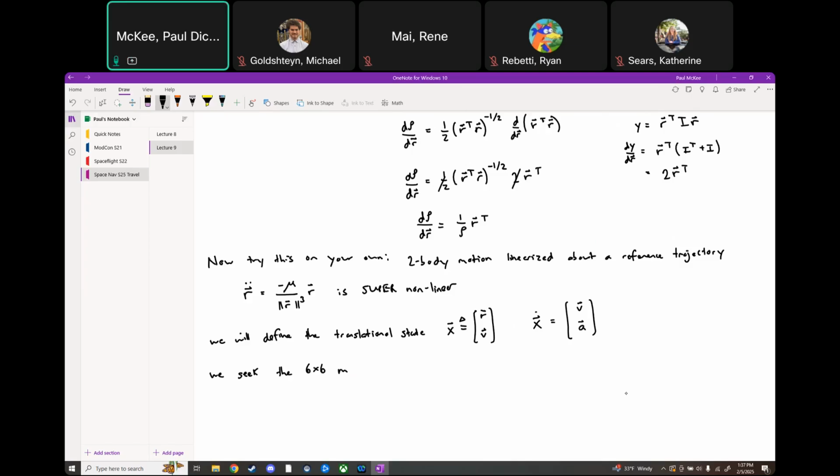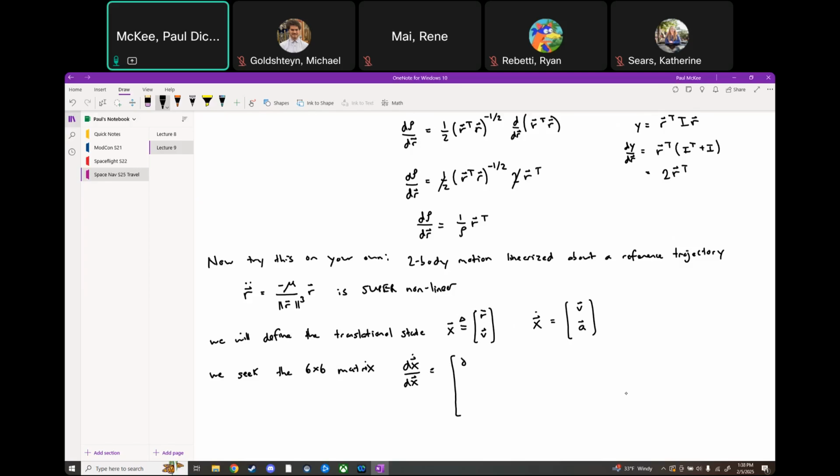So I'm kind of cheating. I'm telling you what size the answer is going to be. We want the derivative of the state with respect to the state. So we want dx dot dx, which can be split up into 4 submatrices.